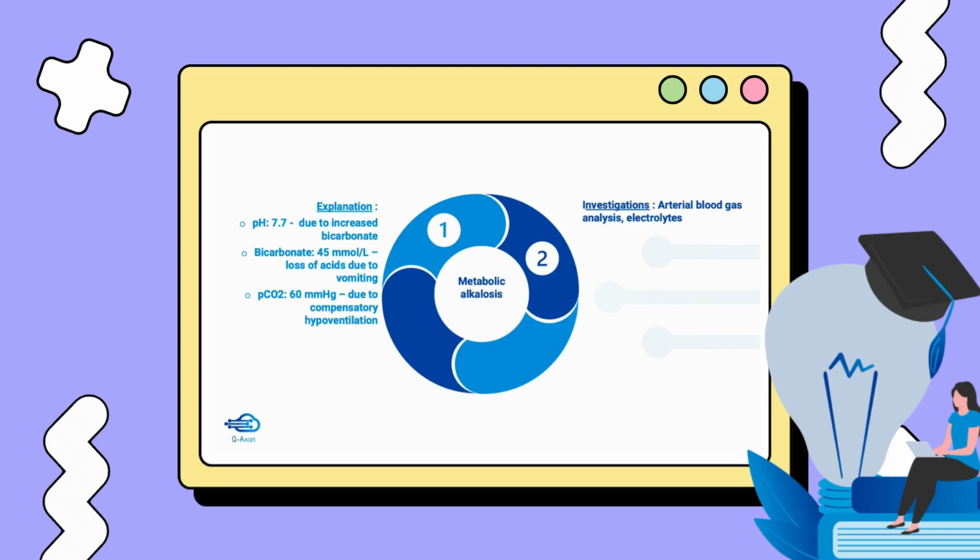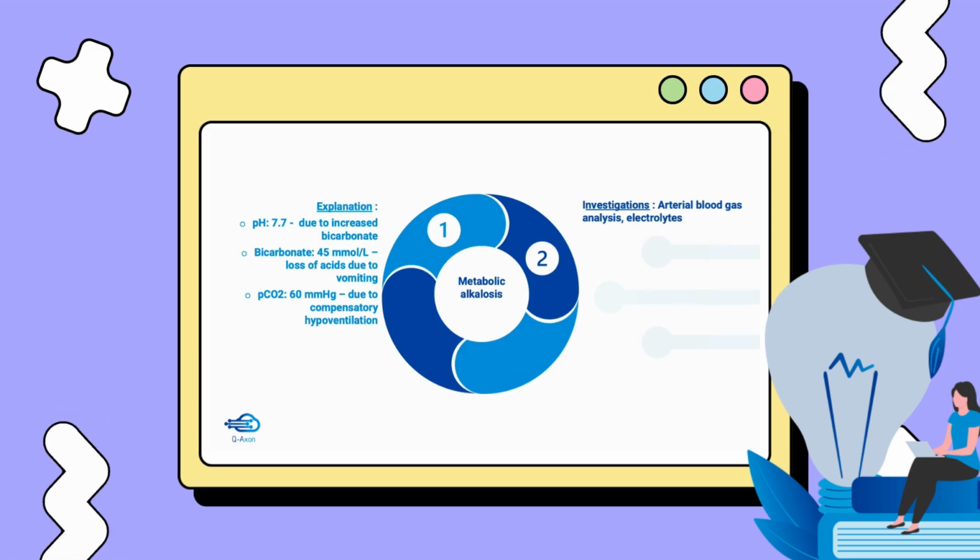So, what are the compensatory mechanisms? That is, how does the body try to combat these disturbances? The primary compensation is by the lungs. Hypoventilation occurs so that the loss of carbon dioxide is slow.